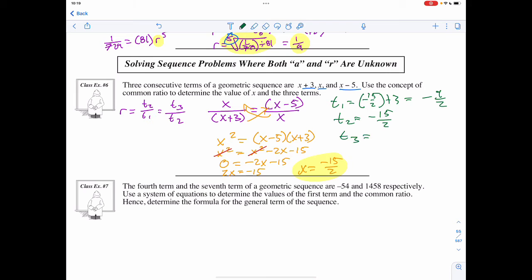And term 3 is going to be negative 15 over 2 minus 5, which is going to give me negative 25 over 2.